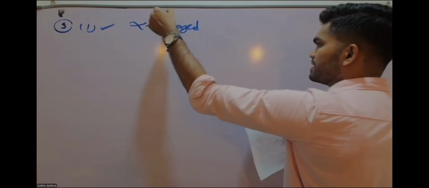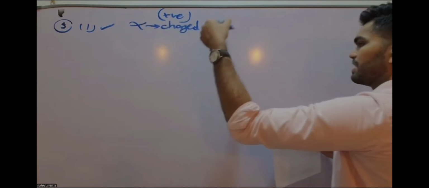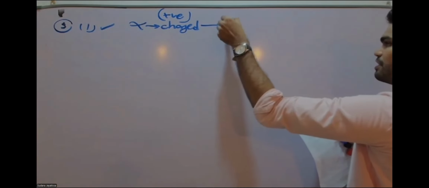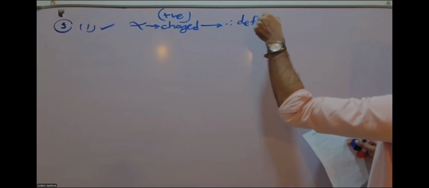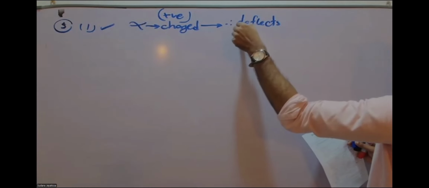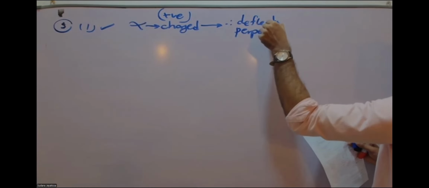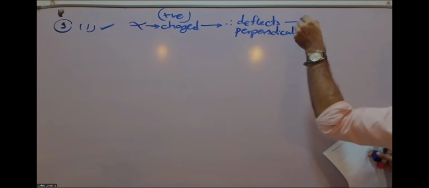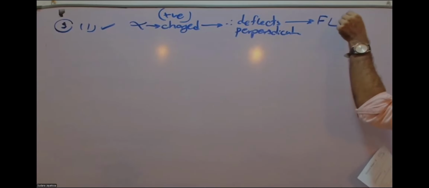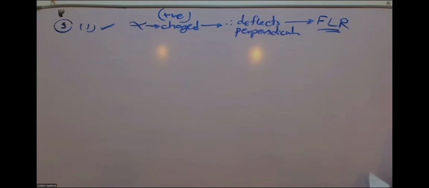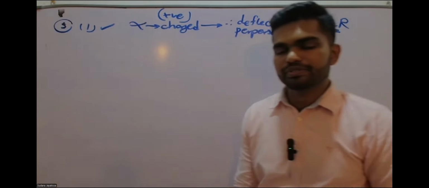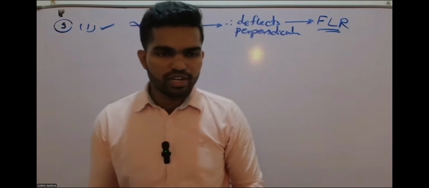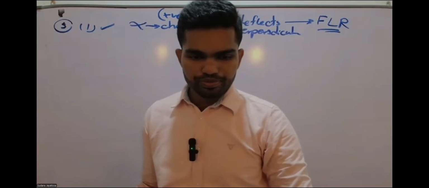No need to say positively charged, but any charged particle therefore deflects perpendicular. If you want more explanation, you can write Fleming's left hand rule. Okay, Fleming's left hand rule. So then the first one is true.